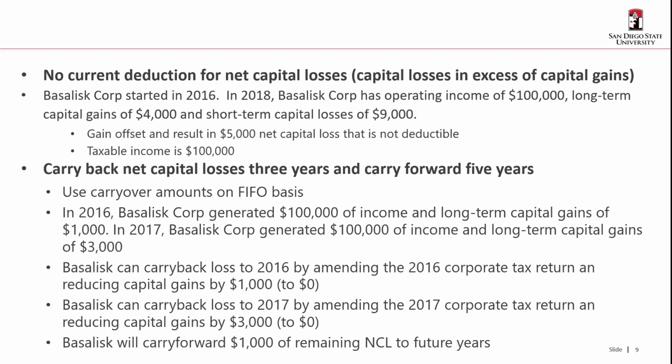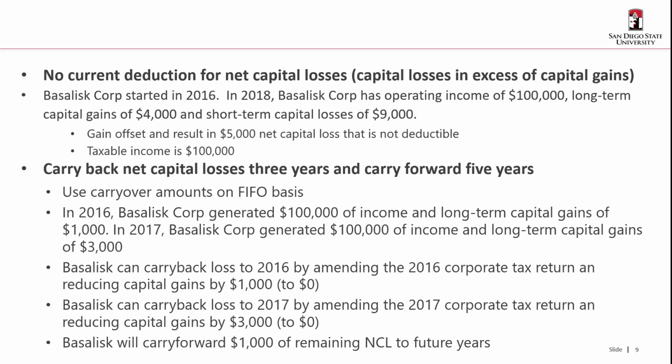Then you net any long-term gains against any long-term losses. So the presumption is this is all we have. So now we would net any short-term gains or losses against any long-term gains or losses. And netting implies that the sign must be different. And that's the case here because we had a long-term gain and a short-term loss. So when we net those together, we end up with a $5,000 net capital loss that simply isn't deductible.